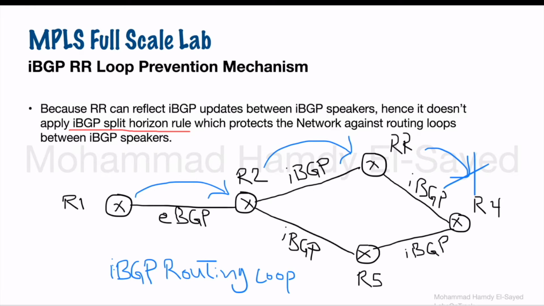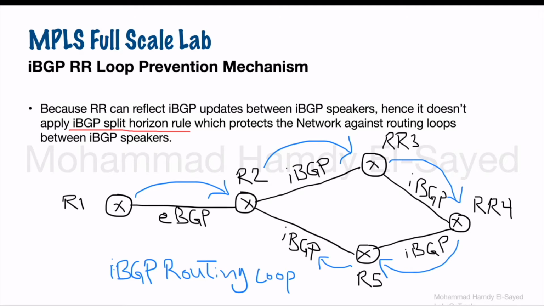But what if we replaced R3 by a route reflector, RR3, and we replaced R4 by another route reflector, RR4? The BGP update will be sent from R2 to route reflector 3, and route reflector 3 would be able to reflect this route to RR4, or route reflector 4, and route reflector 4 can send this iBGP update to R5.